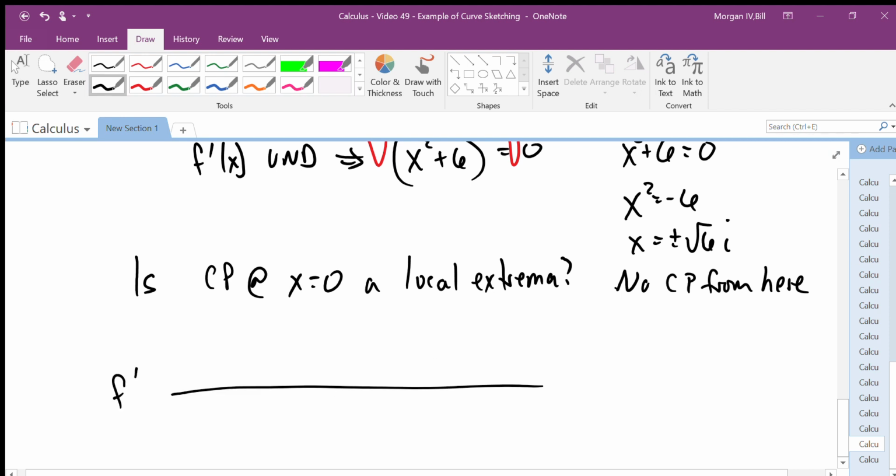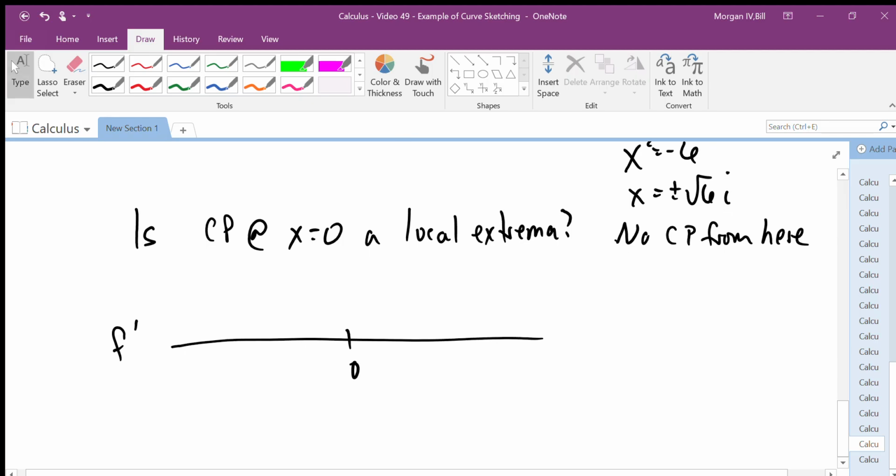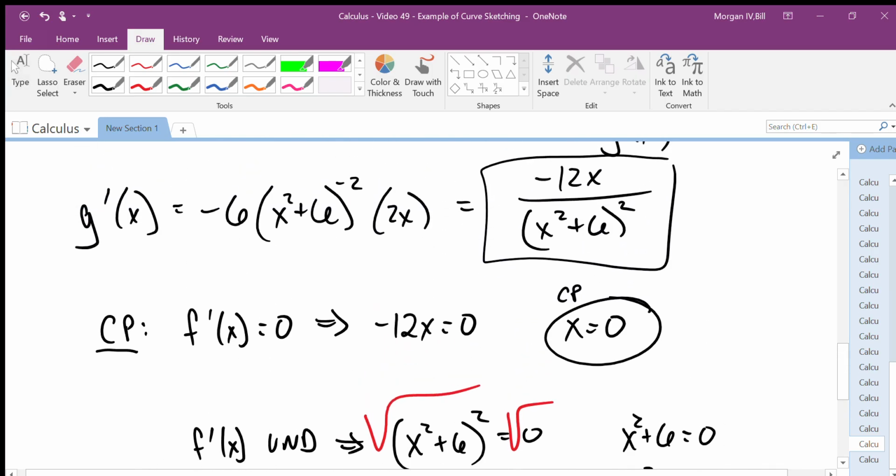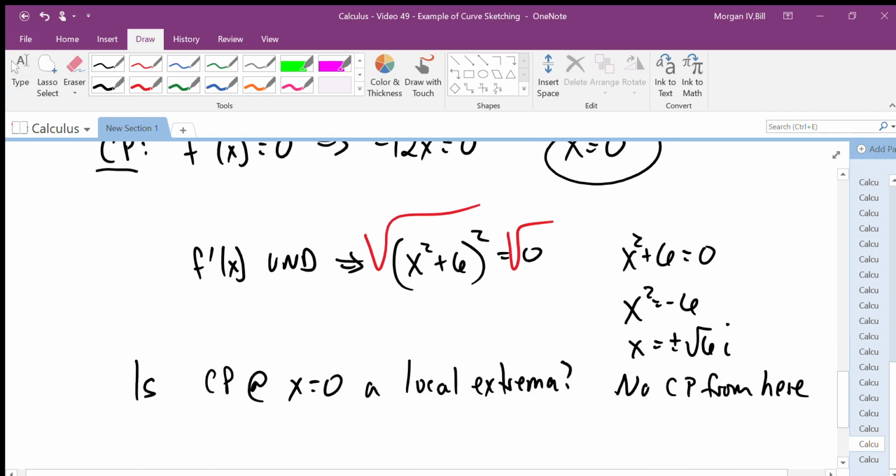We're not bounded here, so it's all the way from negative infinity to infinity. Here is 0. We need test points on either side, so negative 1 seems like a good one, positive 1 seems like a good one. So what was the derivative? The derivative function was negative 12x over x squared plus 6 squared.